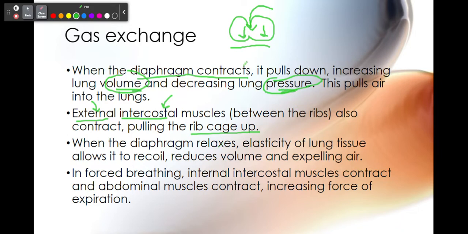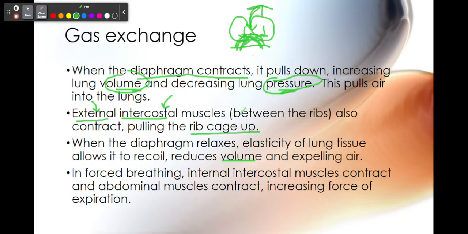When the diaphragm relaxes, that muscle is going to go back into that dome shape. It's going to put more pressure on the lungs. The lungs are going to reduce the volume. Air is going to go out.